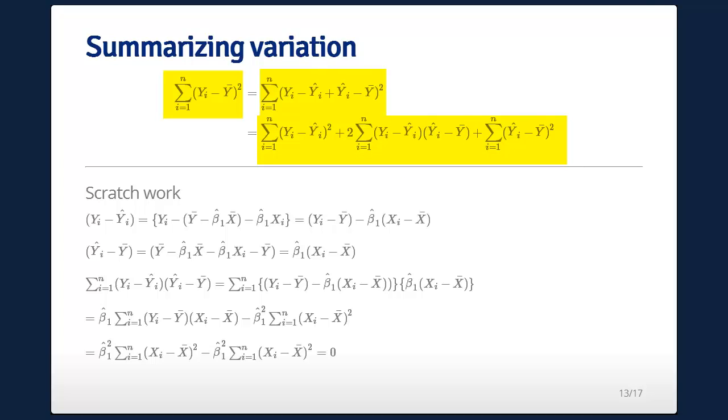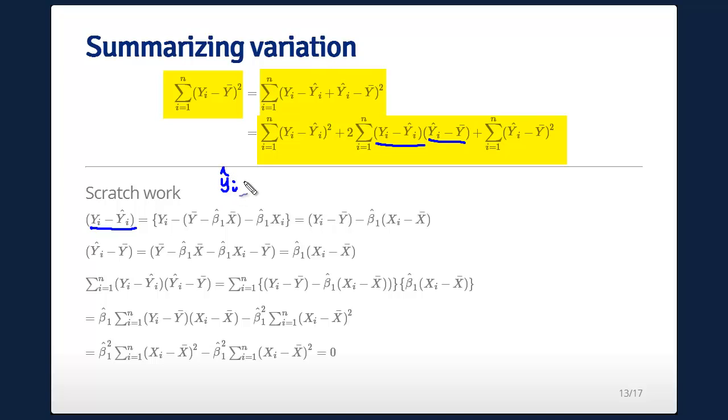But then let's take this term right here, yi minus yi hat, and look at it really quickly.